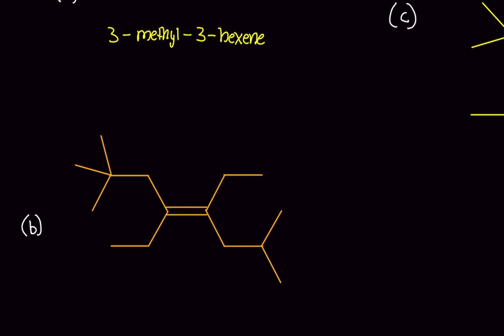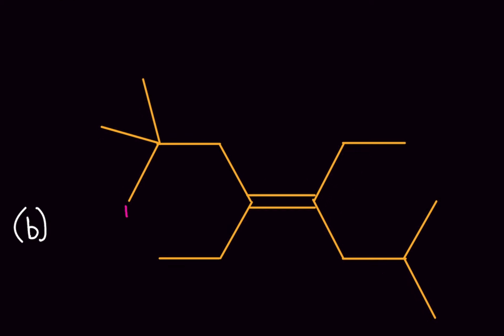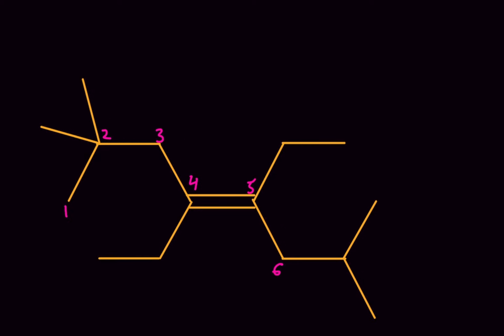All right, so I can start off numbering from either here or here. It does not really matter which branch I start off with, but let's start off with here. 1, 2, 3, 4, 5, 6, 7. I can go either way. I'm going to go down here. 8. Okay.